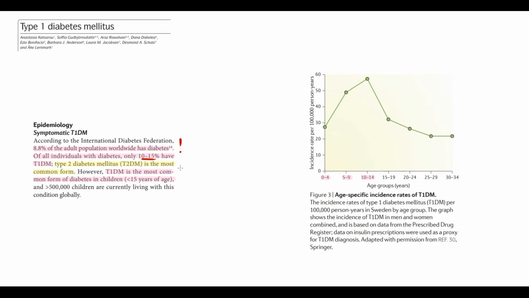But if we are speaking about a child with high blood glucose level, then diabetes type 1 is our first suspicion, because as we see from the graph, the highest risk of diabetes type 1 is in children around 10 to 14 years old, and after this there is progressive decline in incidence of type 1 diabetes.